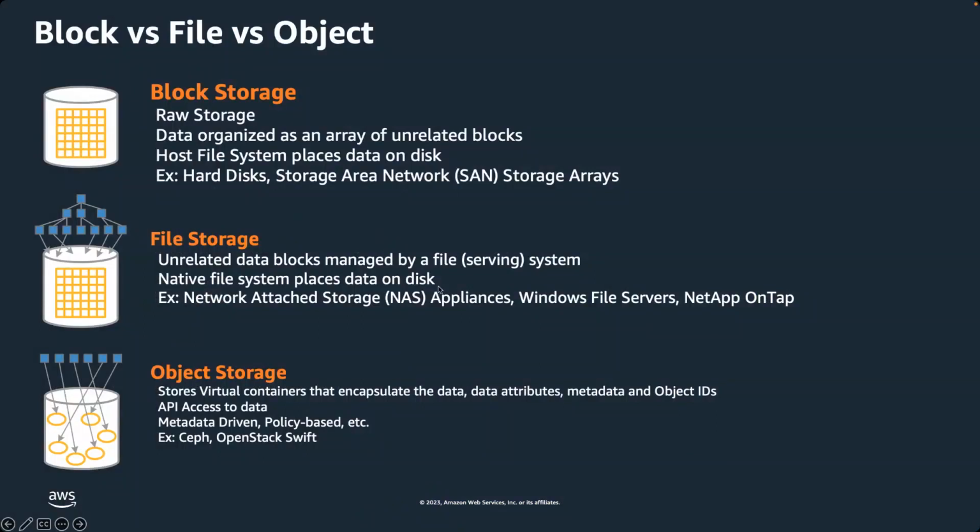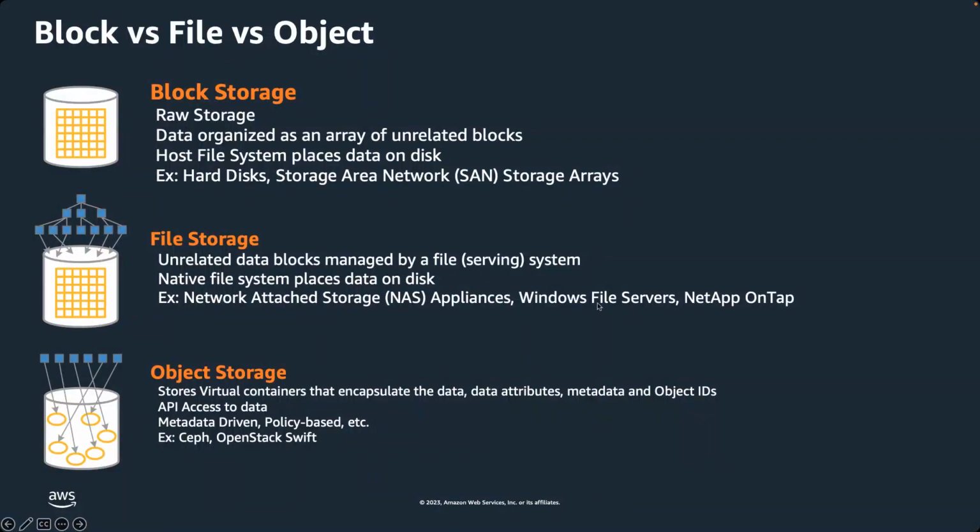Block storage is a storage type where the data is organized as an array of unrelated blocks. The data is partitioned into equal sized blocks, and when the user retrieves a block, the storage system reassembles it and gives it back as a single unit. Examples of this are hard disks, storage area networks, and so on.